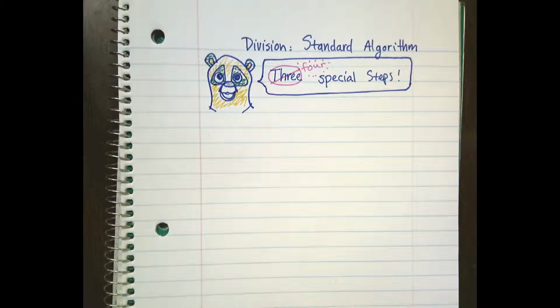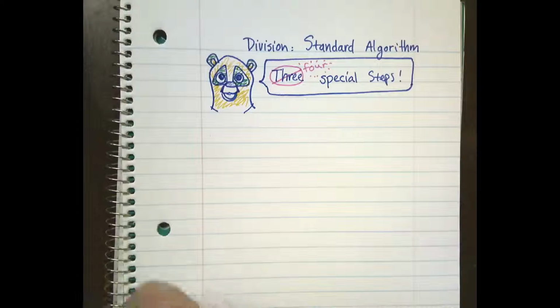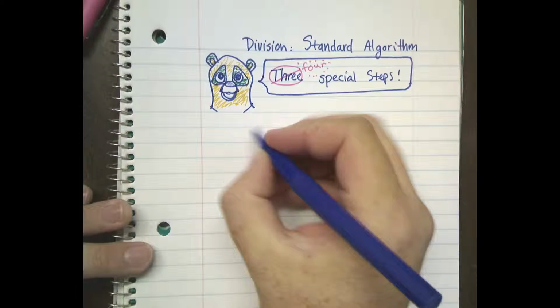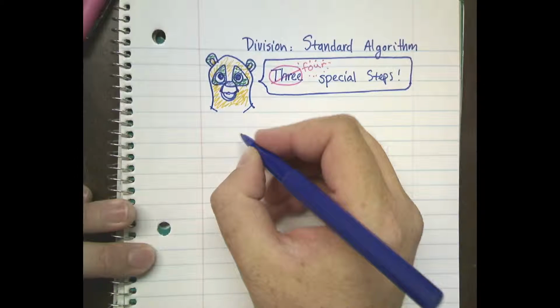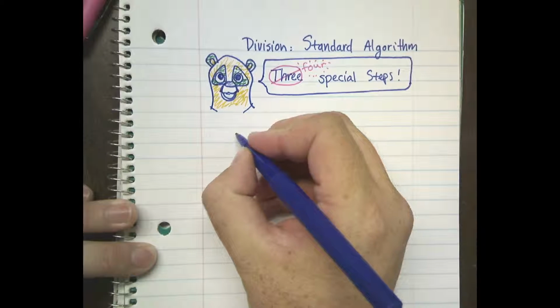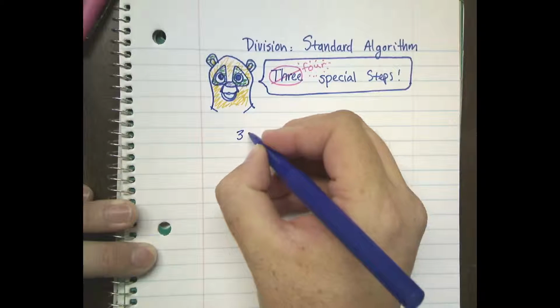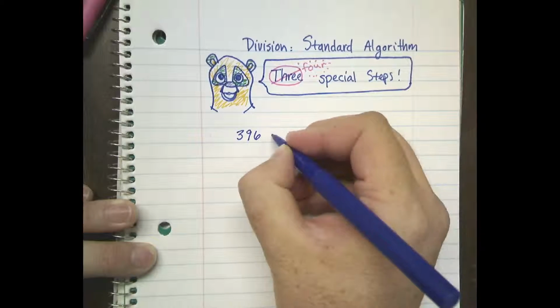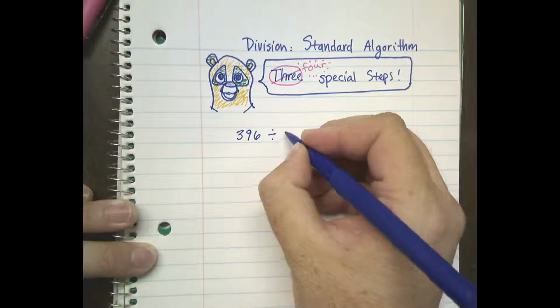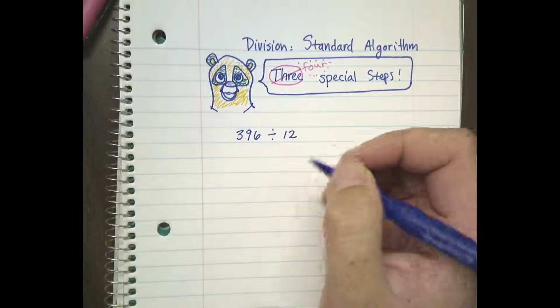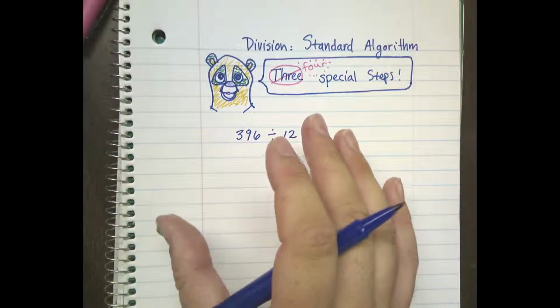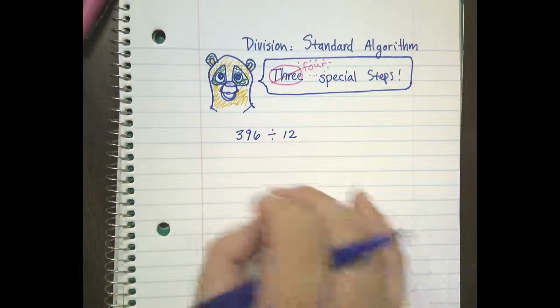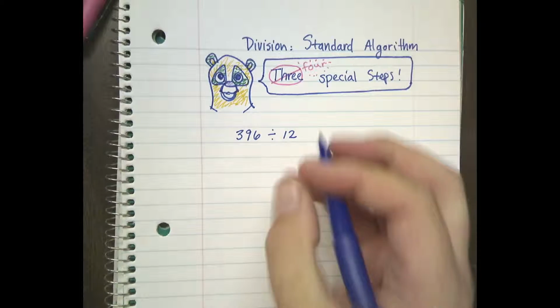So let's take a look at a division problem. I'm going to change my color here to blue. We're going to take a look at 396 divided by 12. All right, so let's look at some terms here.